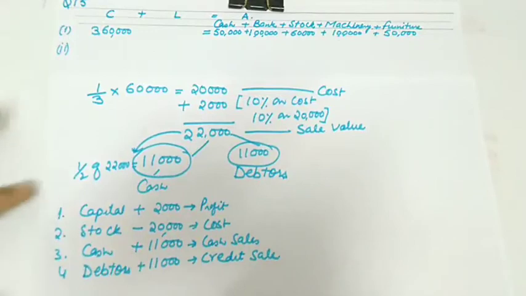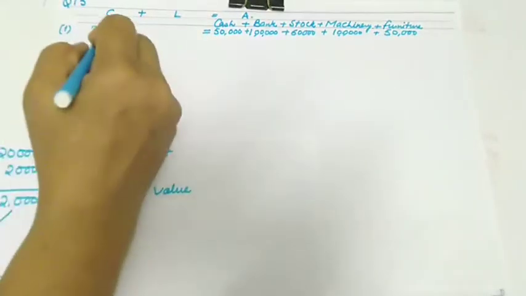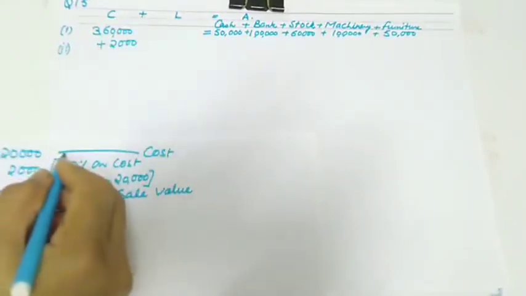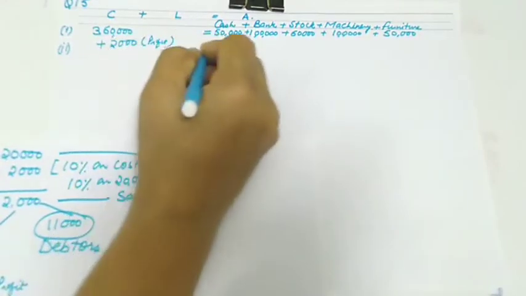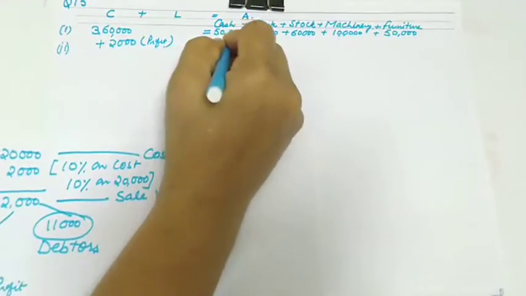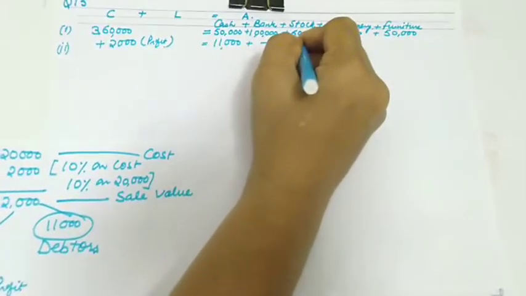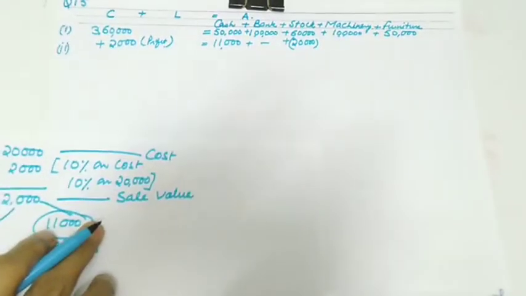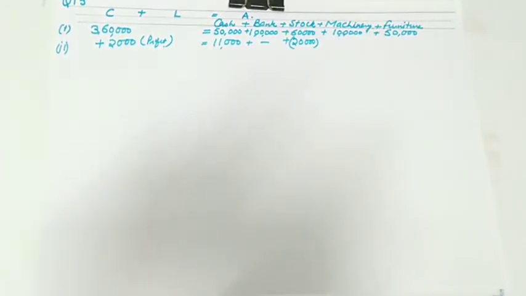So let us record all these items in the accounting equation. In capital we will be adding 2,000 as a profit. You can mention here as a profit. Then in cash we will be adding 11,000. No change in bank. Stock will reduce by 20,000.